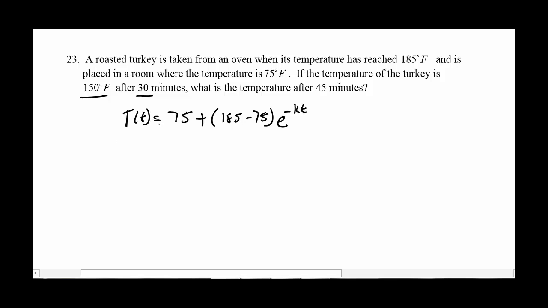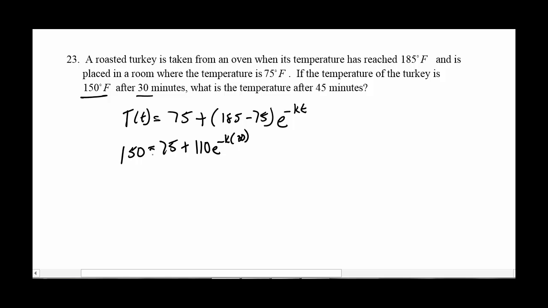So I'm going to plug that information in, which allows me to solve for k. 150 degrees equals 75 plus, and let's do the calculation real quick, 185 minus 75 gives us 110, e to the negative k times 30.